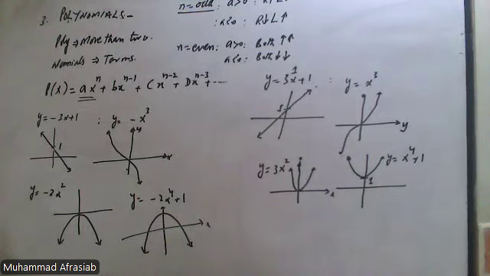And if a is less than 0, then the left side will be upward and the right side downward. Same case when n is an even number and a is greater than 0, then both ends will be upward, and if a is less than 0, then both ends will be downward. And we will elaborate it in the further examples of this topic of polynomials in the second phase of this polynomials topic.